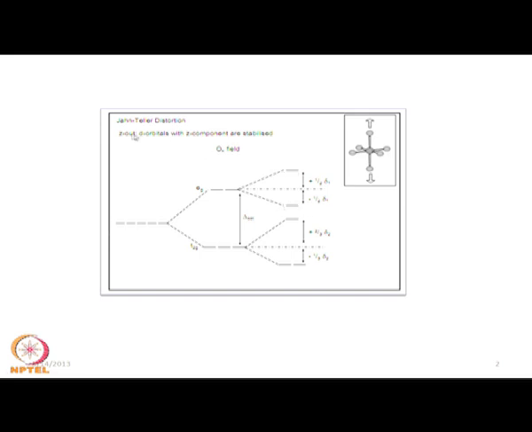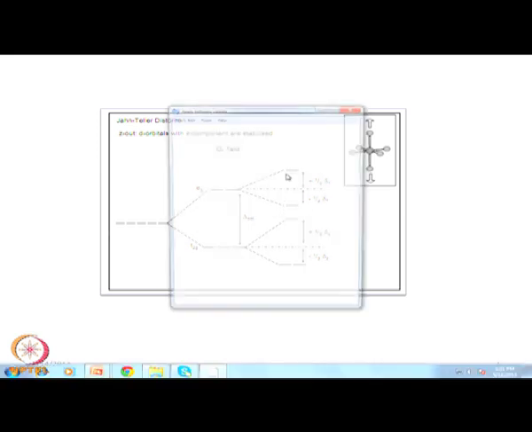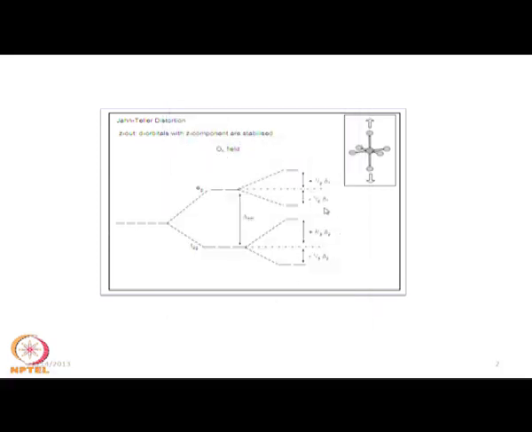The z component is stabilized, so this is the dz square orbital and this is dx square minus y square. In the lower end also we have two orbitals with the z components, that means xz and yz. These xz and yz orbitals are stabilized since they have the z components, and this is therefore the xy.